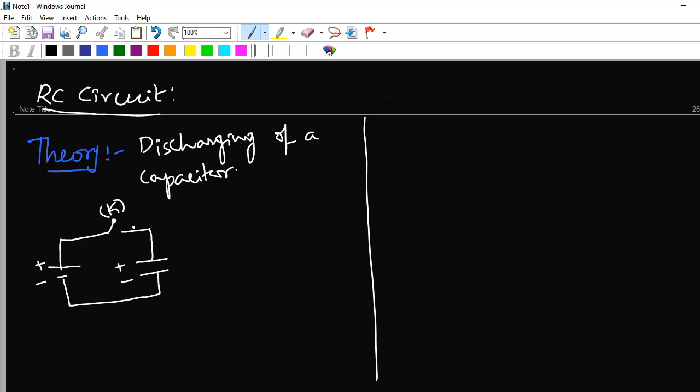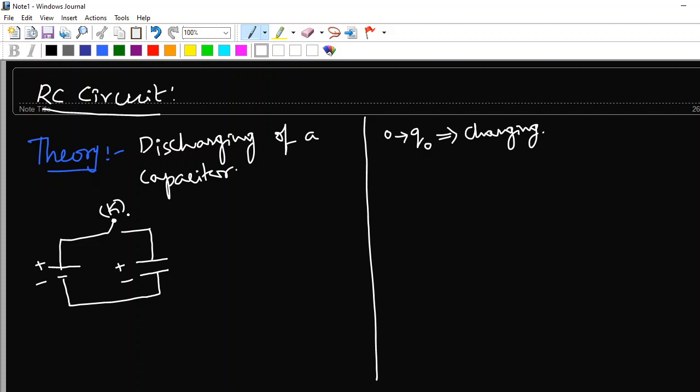When we close this key, the charge is going to enter into the capacitor, and hence the capacitor will be charged. For example, the capacitor is charged from 0 to Q0 during charging. Once the capacitor is charged to the maximum value, we are going to open the key.